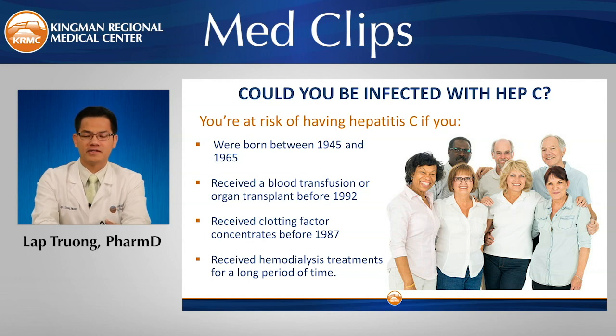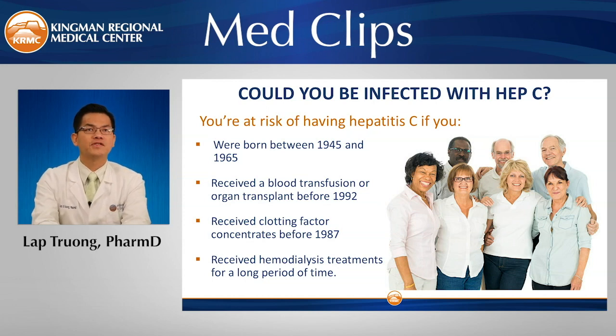Also, that is the baby boomer phase, when people tended to share needles when using injection medications. So between 1945 and 1965 means you're about 60 to 70 years old. If you're in this age range, make sure you get screened if you have those signs and symptoms which I previously mentioned.